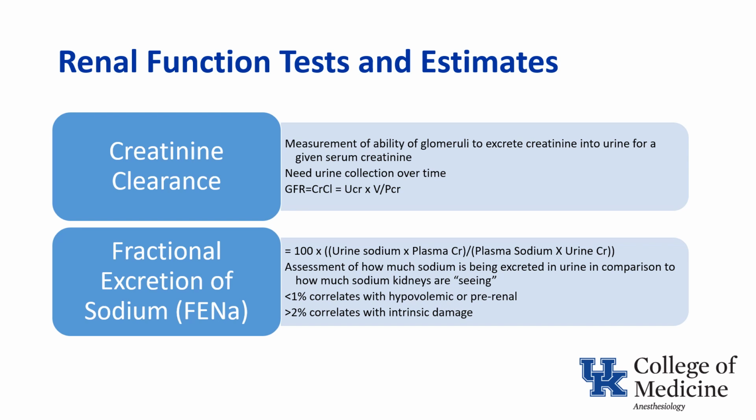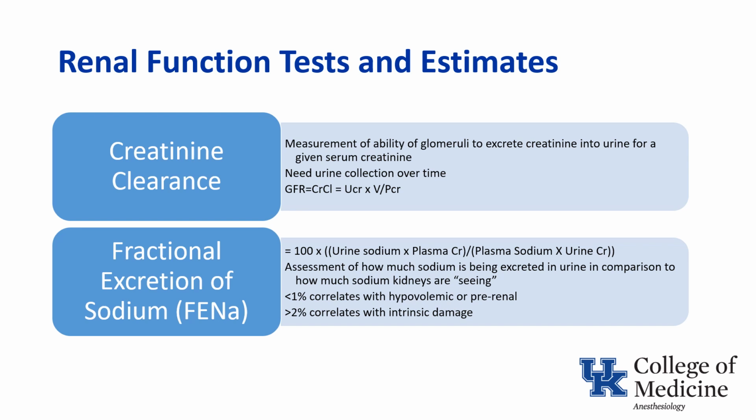Two other commonly used tests to look at kidney function are creatinine clearance and FeNA, or fractional excretion of sodium, right? So for creatinine clearance, it is a measurement of your glomeruli's ability to excrete that creatinine into the urine. We already learned that creatinine comes from skeletal muscle and is excreted into the urine by your kidneys.